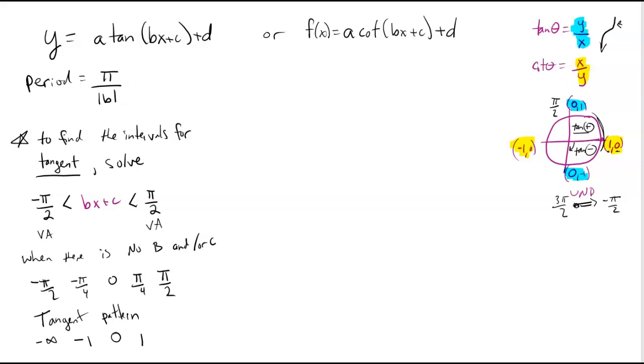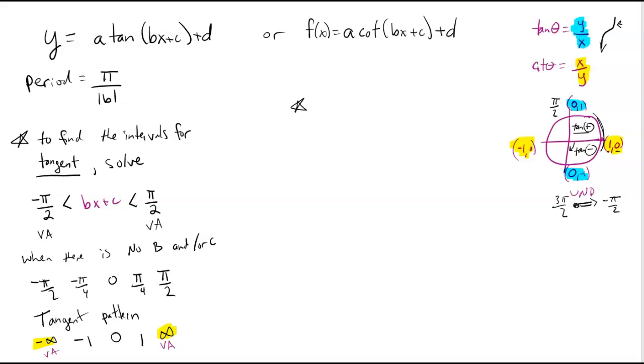And if we start with an infinity, we should also end with an infinity. So this happens to be my pattern. Again, these numbers that start it, negative infinity and positive infinity, are really part of your vertical asymptote. And again, we can't multiply or add any number to it.